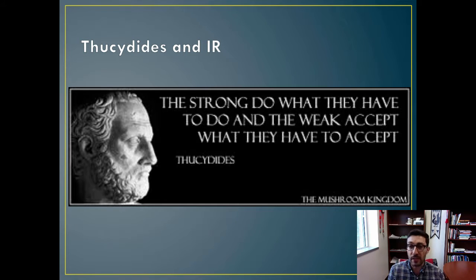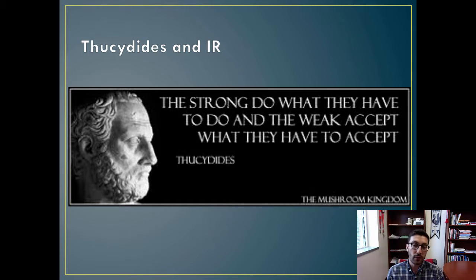So this is a very bleak recognition of the importance of military power, and even more importantly, the hierarchy between countries and how important that is. So if you are a state at the bottom of the totem pole in the international system, you're going to have to do pretty much whatever the more powerful states want you to do. So what do you think that suggests?